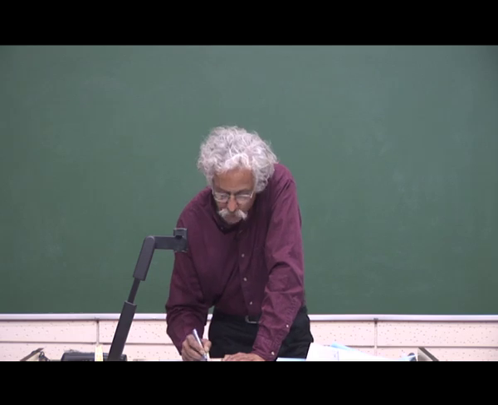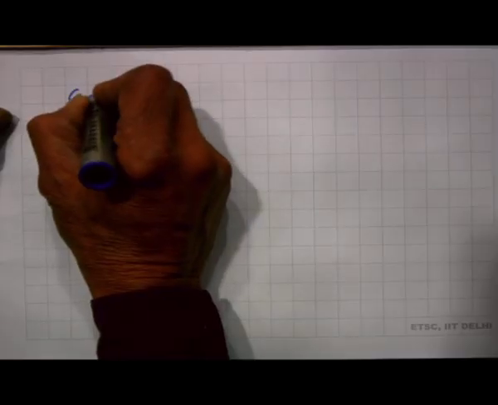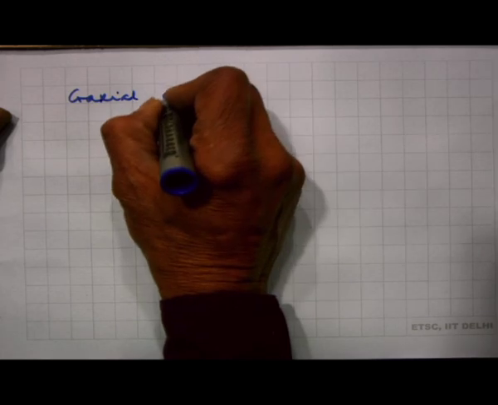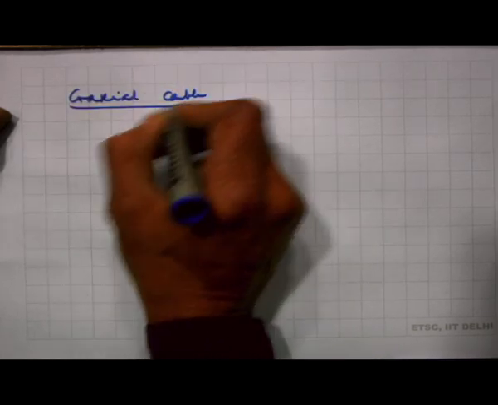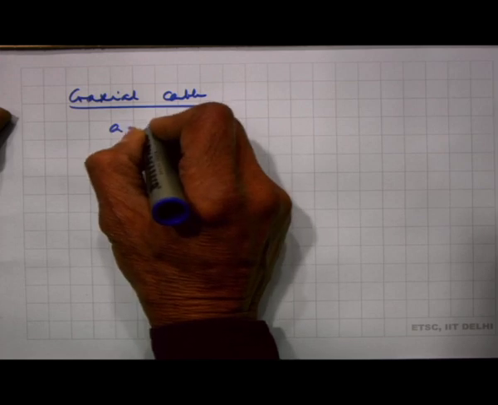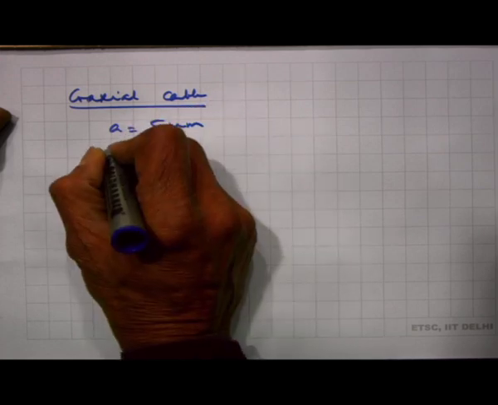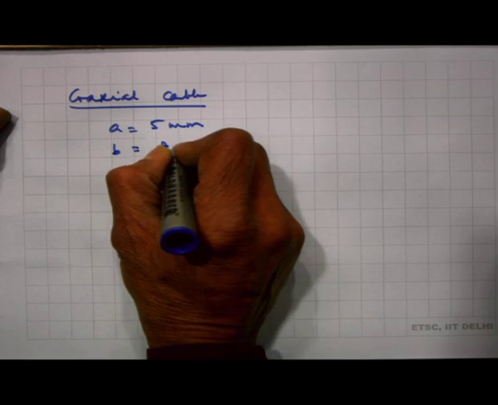So, let me consider an example. Let me take a coaxial cable of a equal to 5 millimeters, b equal to 8 millimeters.